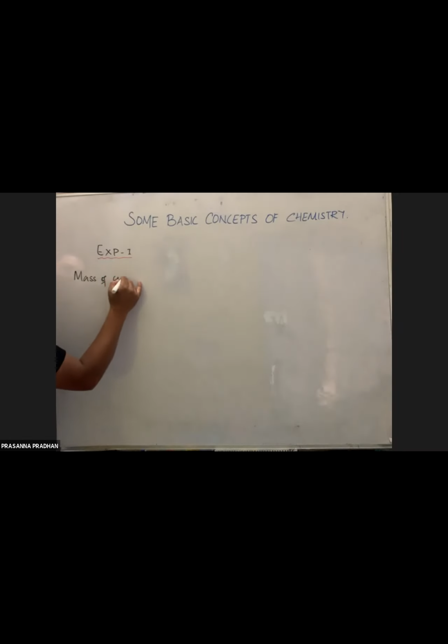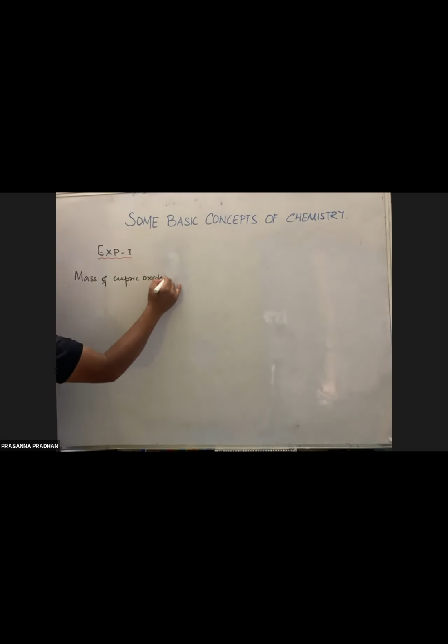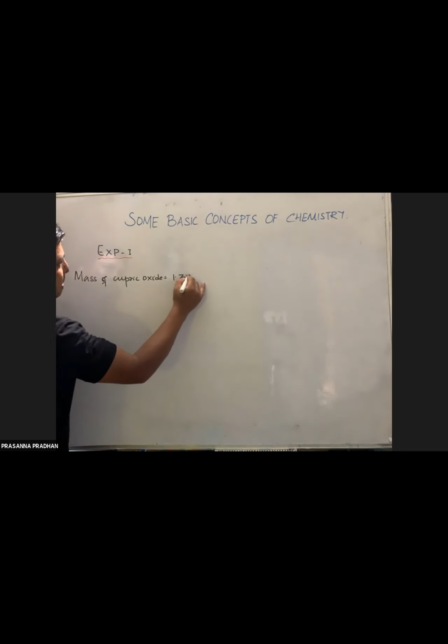So what is the mass of cupric oxide, guys? 1.375. First we'll write down: mass of cupric oxide is equal to 1.375. Then after heating in a current of hydrogen, what was the mass of copper obtained?